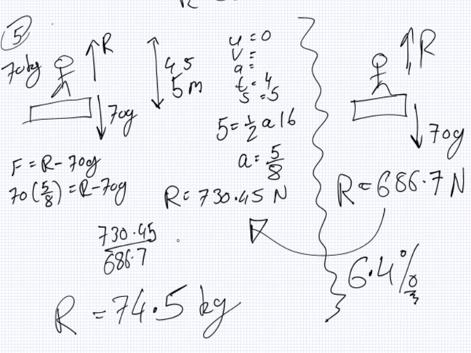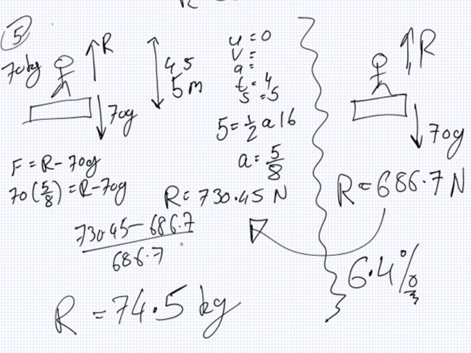Or I'll make it easier for you: you do 730.45 minus 686.7, divided by 686.7, times 100 over 1. Like what you learn in middle school. This is to find the percentage, right?